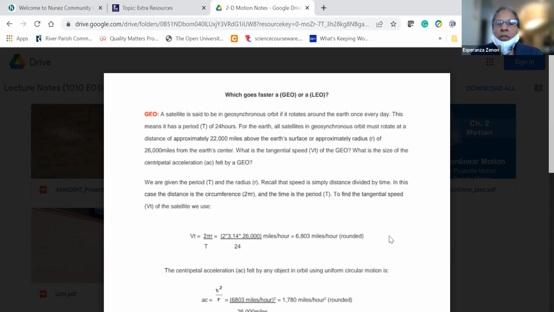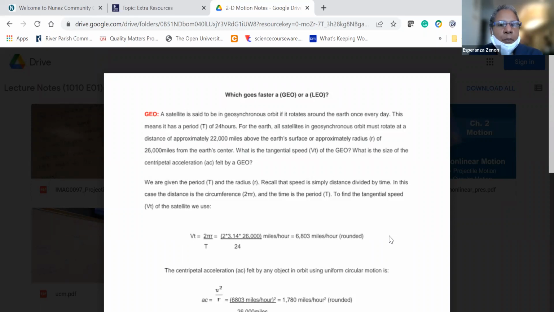The two types are a geosynchronous orbit satellite and a low Earth orbit satellite. I'm going to look at the parameters for each one and use those to help us determine which one is going faster.